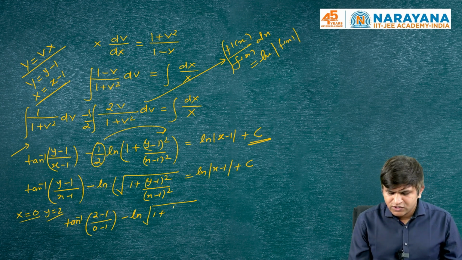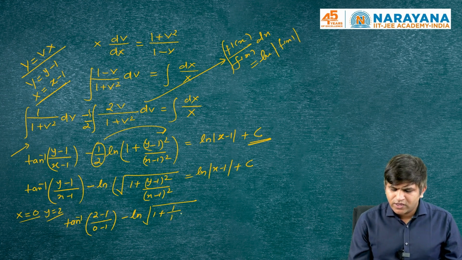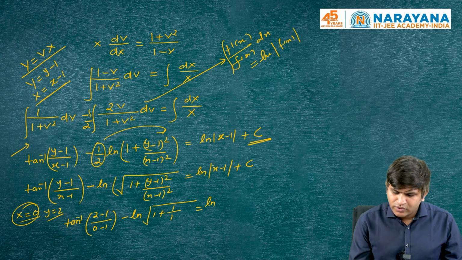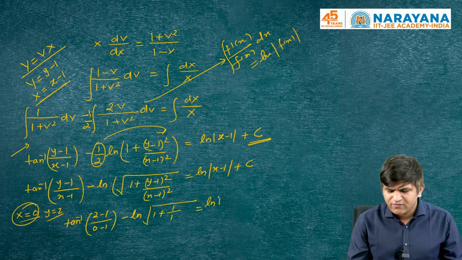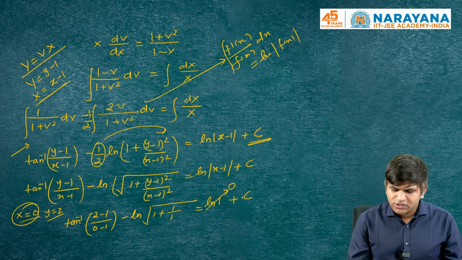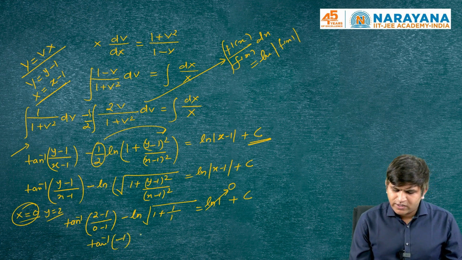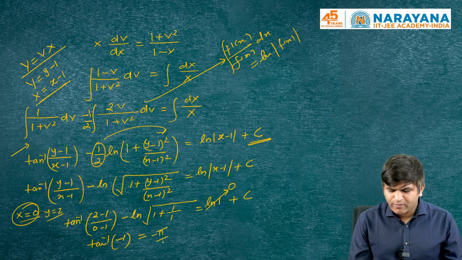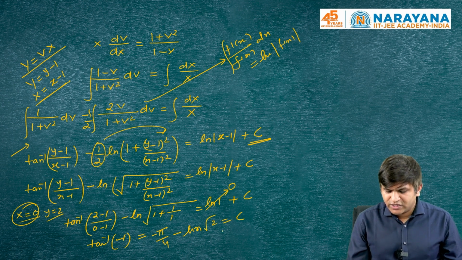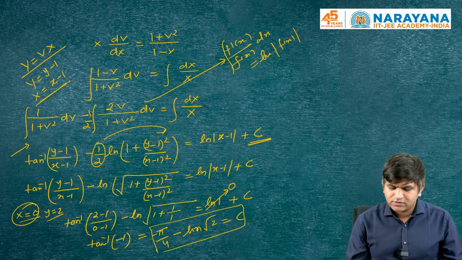So 2 minus 1 is 1, and minus 1 squared is 1, is equal to ln of mod of x, we are putting 0, so ln of mod of minus 1 is ln 1, that value is 0. So tan inverse of minus 1 is basically minus pi by 4, and minus ln root 2. So that c value we are getting is this.